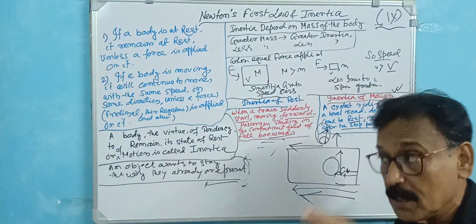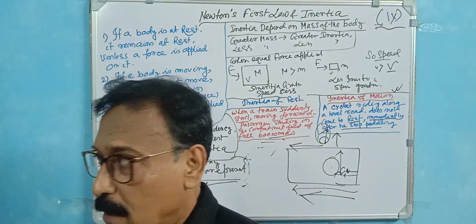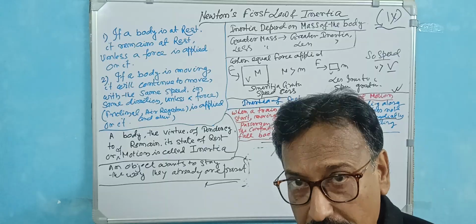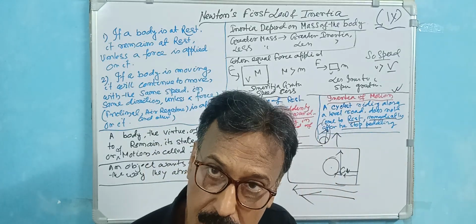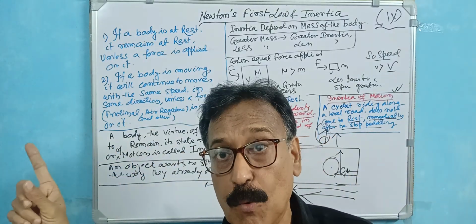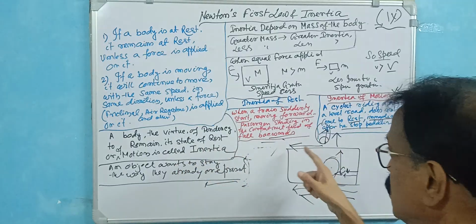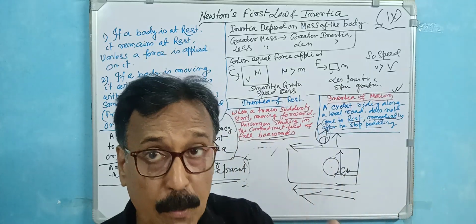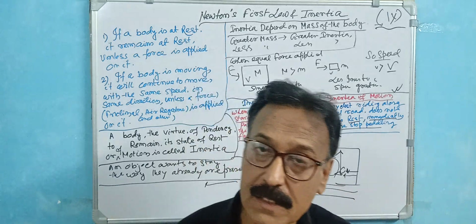So due to inertia of motion, they fall forward. The lower part is stopped, in the rest condition, but the upper part continues to move. That is the inertia of motion. So for balance, the body falls forward or backward, depending on the case, the opposite. So this is the concept, to clear your concept.